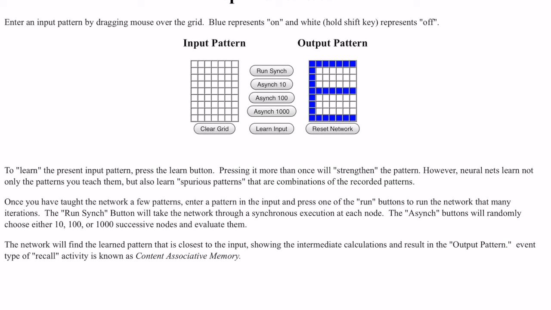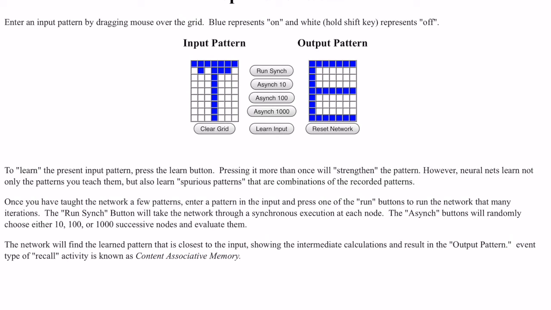Good. Then let's just try to send a corrupted input to check whether it converges to the actual one. So let's just send something like this. This looks like a T, but it's not exactly a T. And let's just hope that it will converge to the T I just memorized at the beginning.